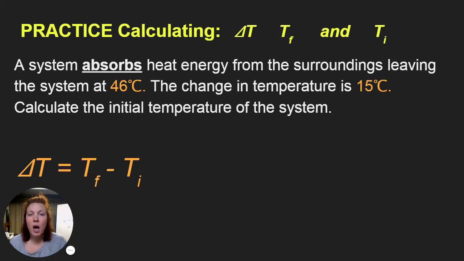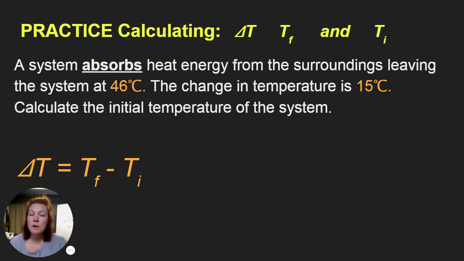It says that the system absorbs heat energy, so we know it's increasing in heat energy, which is directly proportional with temperature. If we increase in heat energy, we're also going to increase in temperature. So our change should be a positive number. It tells us that we're leaving the system at 46 degrees Celsius, so our final temperature is 46 degrees Celsius.